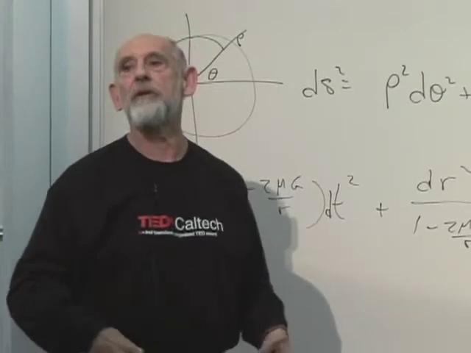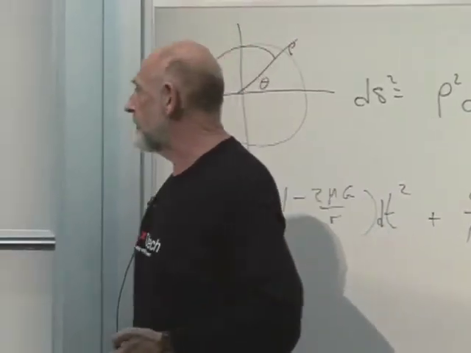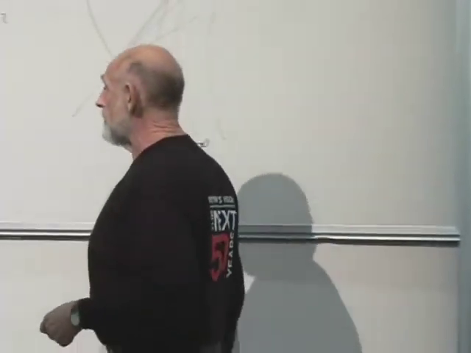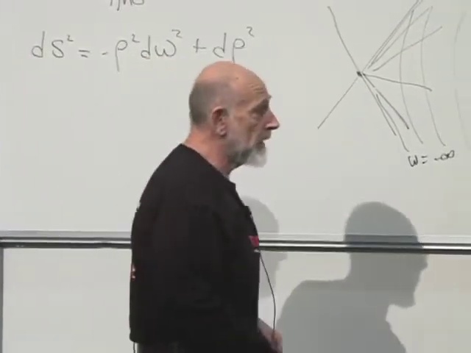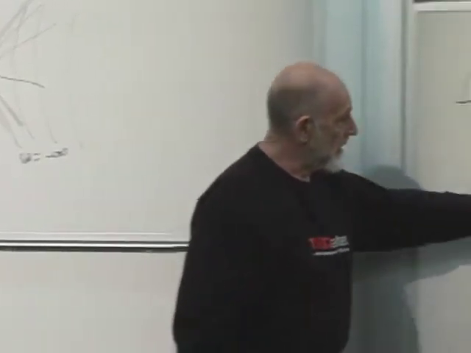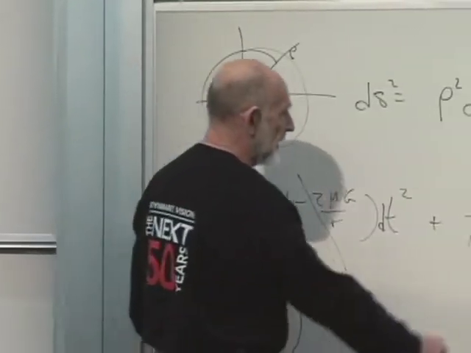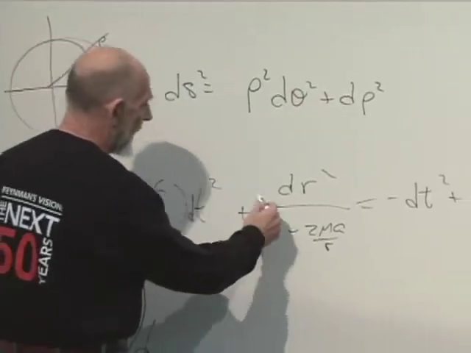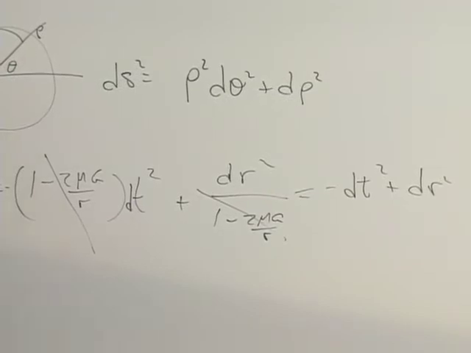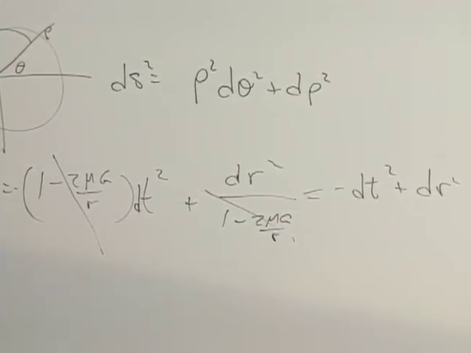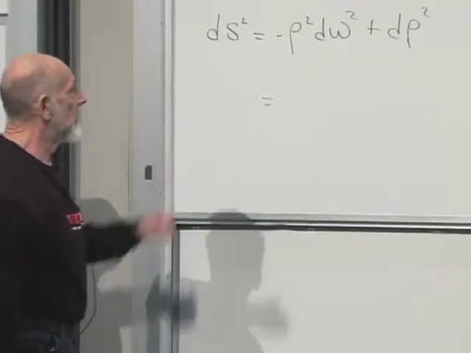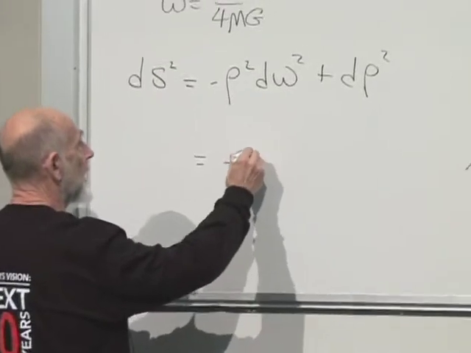Distance from the horizon is basically the same as it would be in flat space. So far from the black hole, rho and r are basically the same thing. This factor here is not interesting. It goes to 1. This factor down here also goes to 1, and we just get minus dt squared plus dr squared.